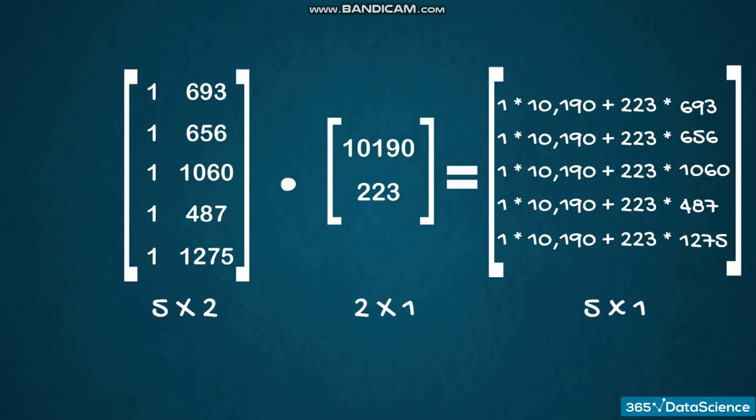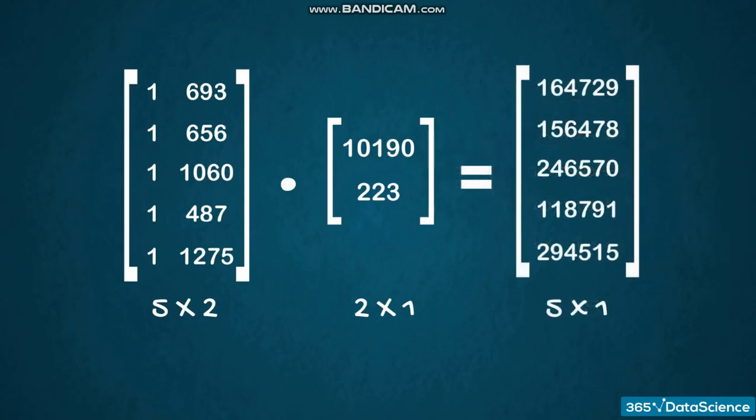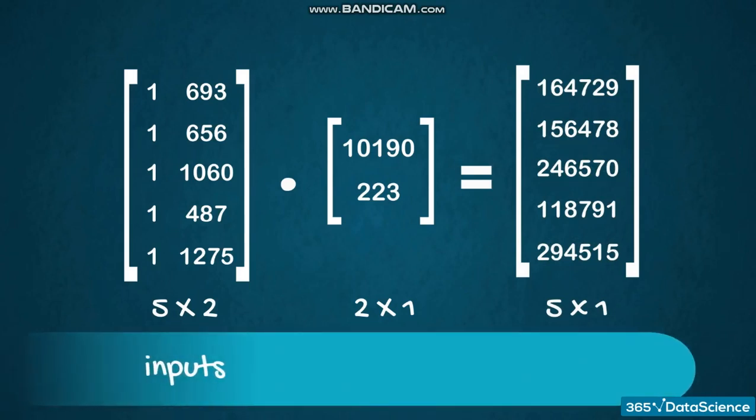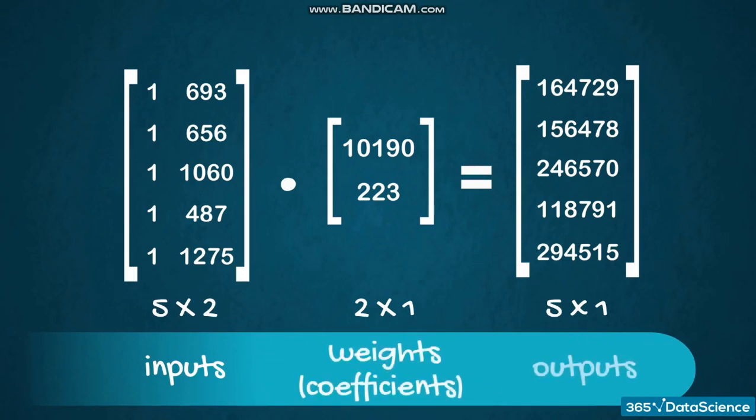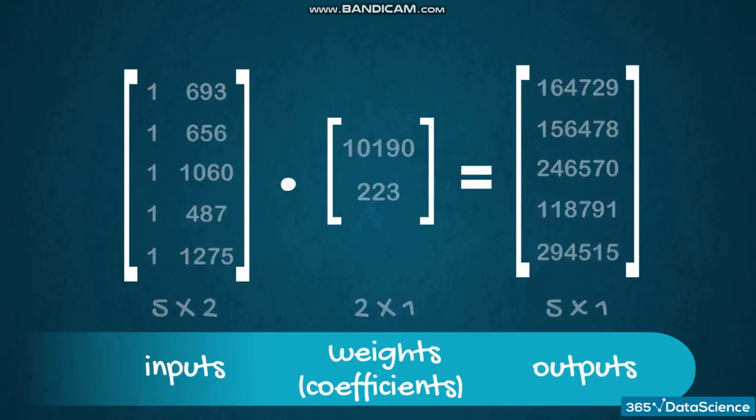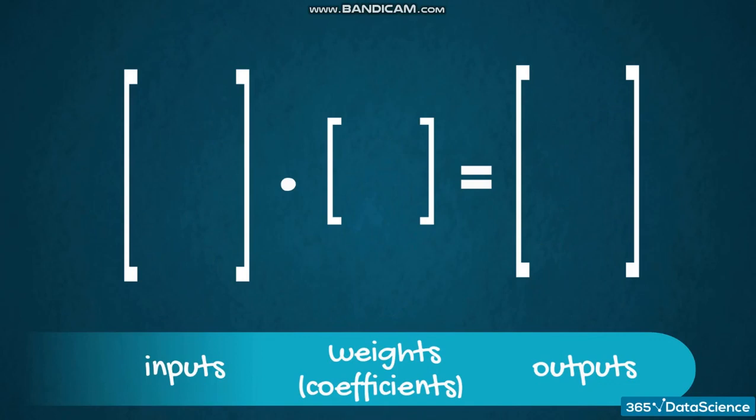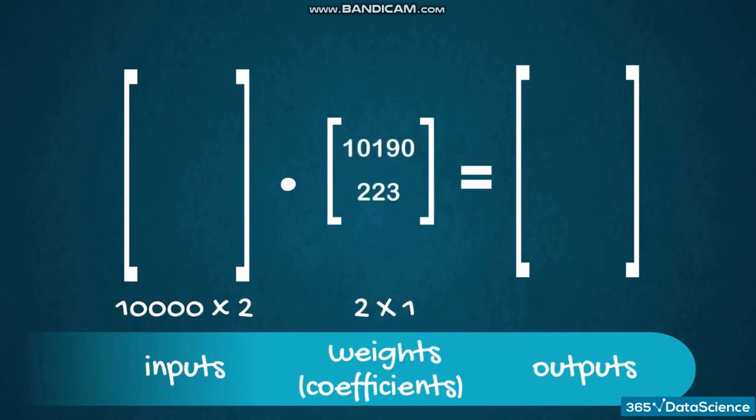In machine learning and linear regressions in particular, this is exactly how algorithms work. We've got an inputs matrix, a weights or coefficients matrix, and an output matrix. Without diving too deep into the mechanics of it here, let's note something. If we have 10,000 inputs, the initial matrix would be 10,000 by 2, right? The weights matrix would still be 2 by 1.